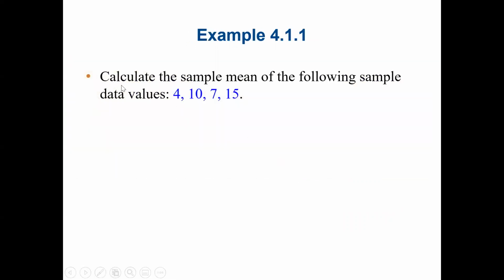So let's see an example. Calculate the sample mean of the following sample data values. Here we have 4 values. So the sample mean will be 4 plus 10 plus 7 plus 15 divided by 4, because we have 4 values. So for the solution, let's assume X1 is 4, X2 is 10, X3 is 7, X4 is 15, and n is 4.